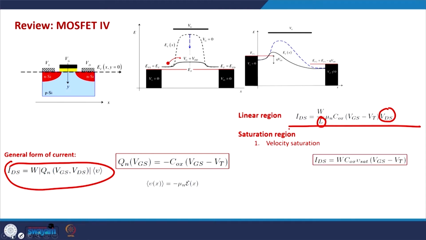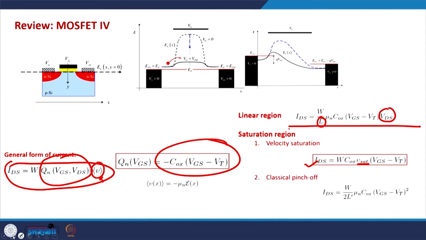When saturation happens because of velocity saturation, the current will be given by this value, because instead of the average V we can directly put Vsat, and instead of Qn we can put this value.